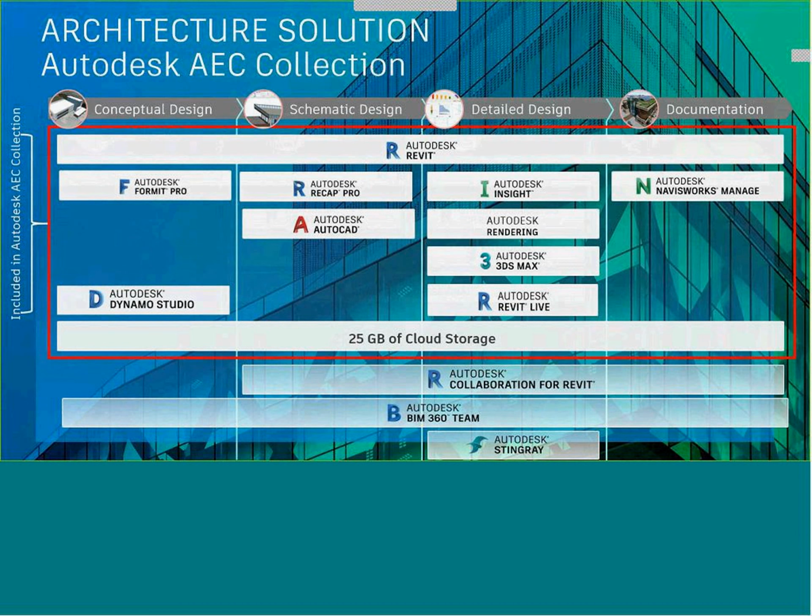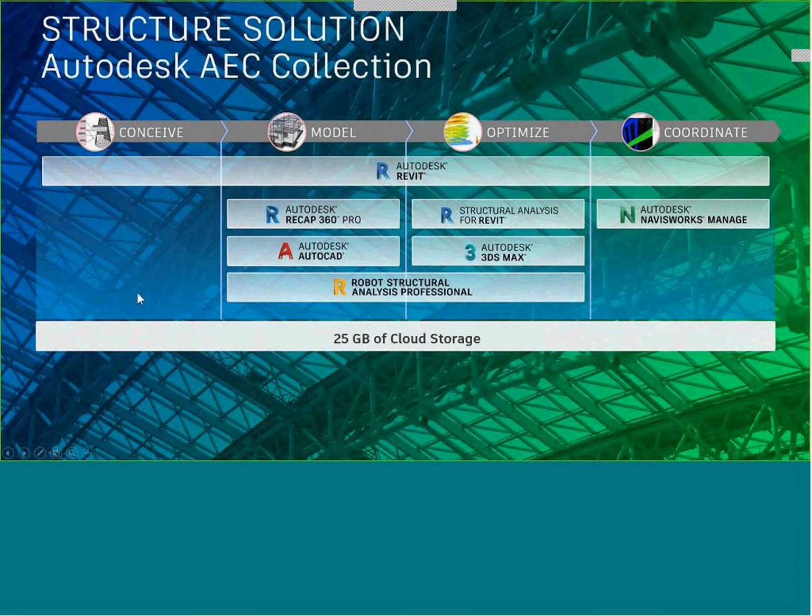Looking at structure, again, with the Revit platform unifying the entire process, right from conceptual through to project delivery, you plug into those processes your analysis tools or your structural design tools like Robot Structural Analysis for Revit.